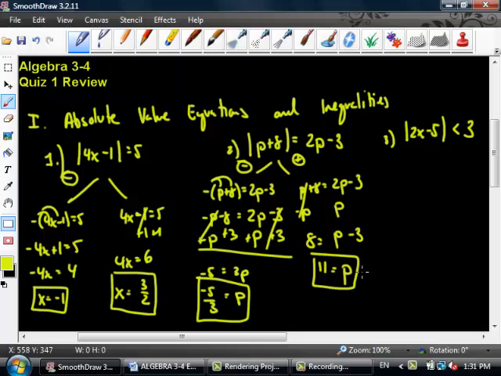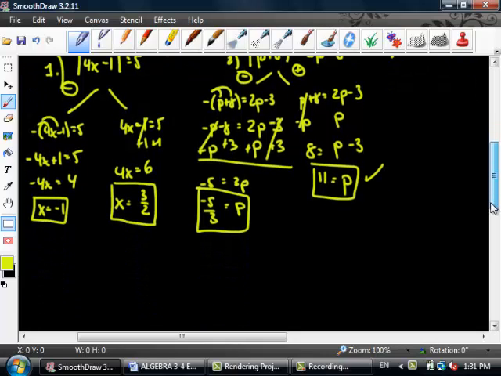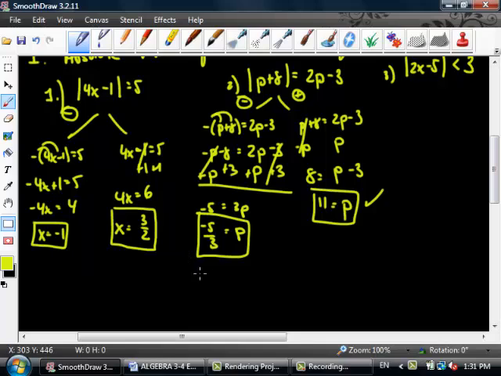Robert, did you already check them? I checked 11. Did 11 work? Yeah. Okay, so 11 works. Let's go with what Robert says. Let's check negative 5 over 3. Negative 5 over 3 plus 8. Actually, if it's negative 5 over 3, I'm going to add 8, which is 24 over 3. Equals 2 times negative 5 over 3 minus 3.